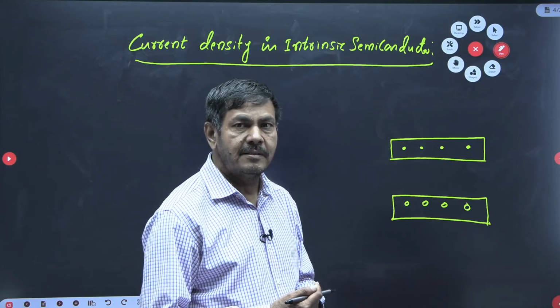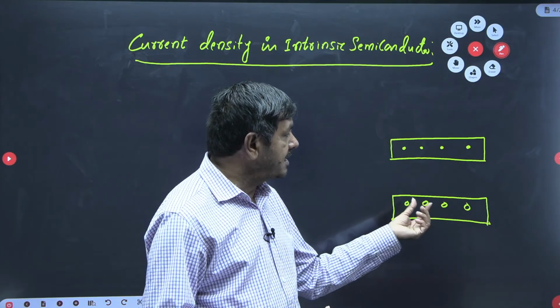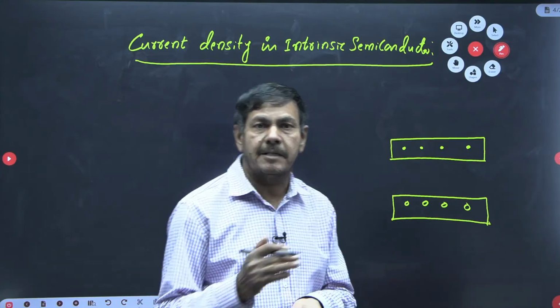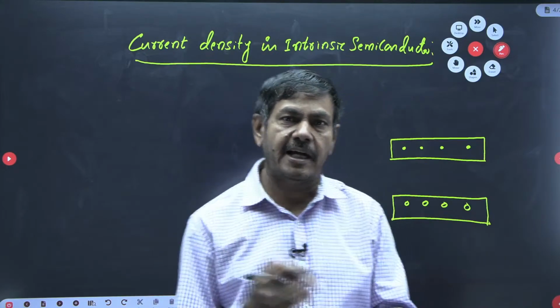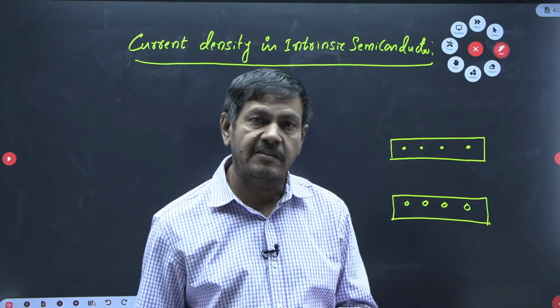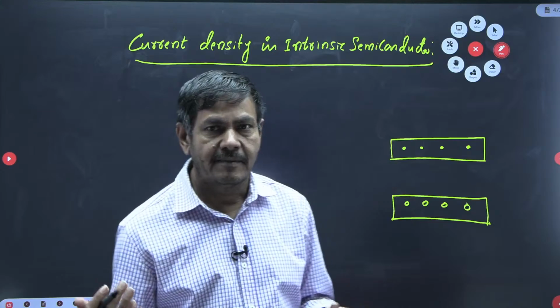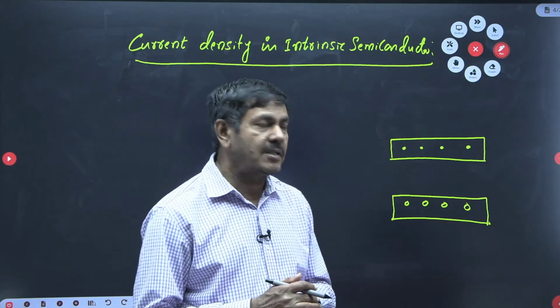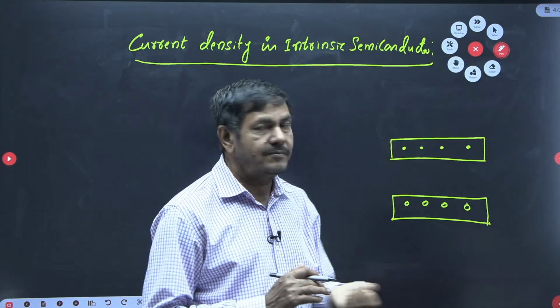Is it possible? Can all the electrons reach the conduction band due to application of temperature for a long period of time? No, it is impossible. Electrons are not going to be steady there for a long time.